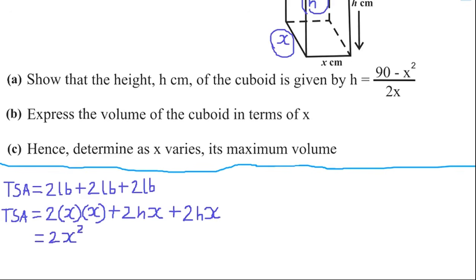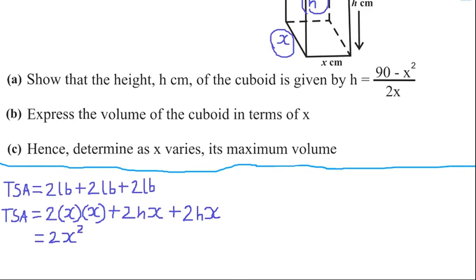Now let's try to simplify. The first part, when you multiply x by x, it will be x squared. And then there, when you add 2hx plus 2hx, you're going to remain with 4hx. So that's how it will be.